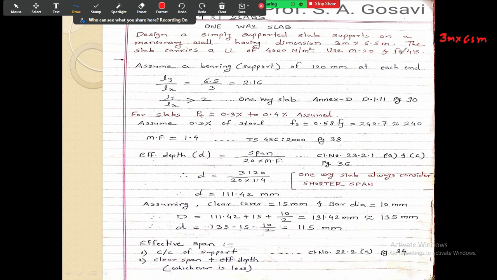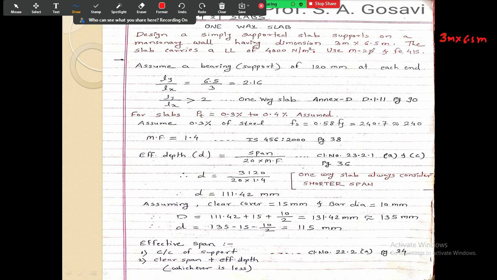These are the dimensions of the panel. The slab carries a live load of 4000 Newton per meter square, which means 4 kilonewton per meter square. Use M20 and Fe 415.